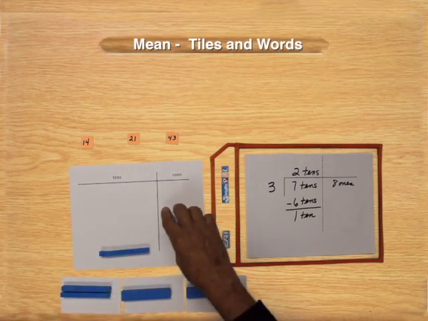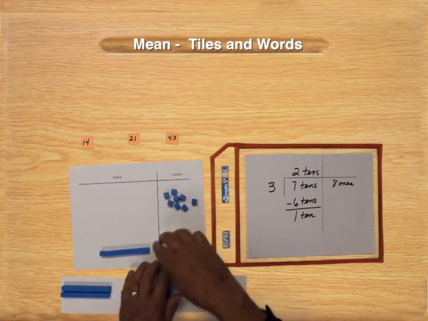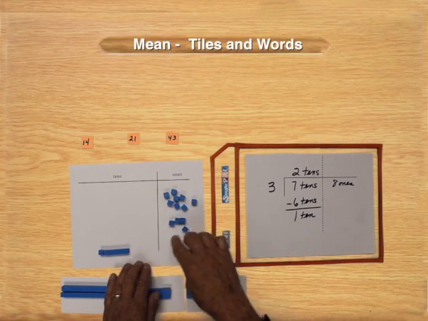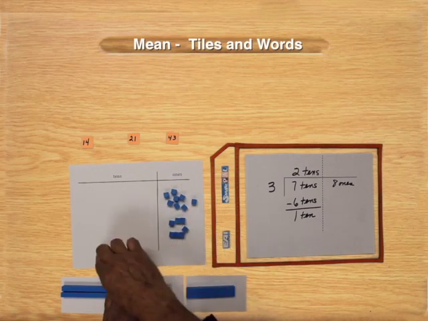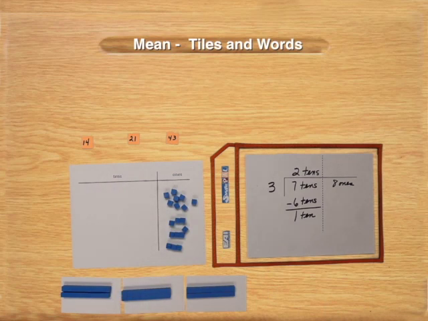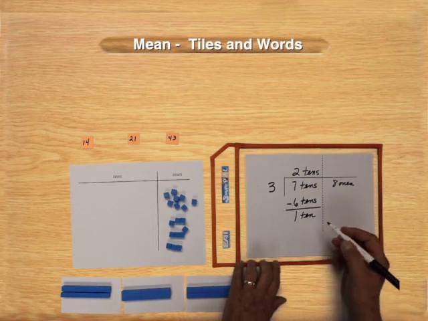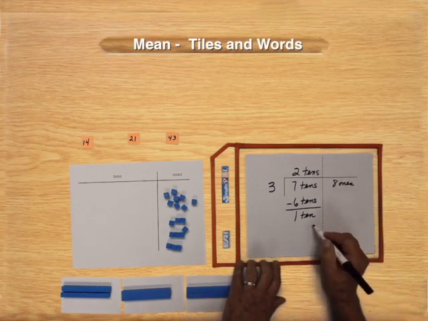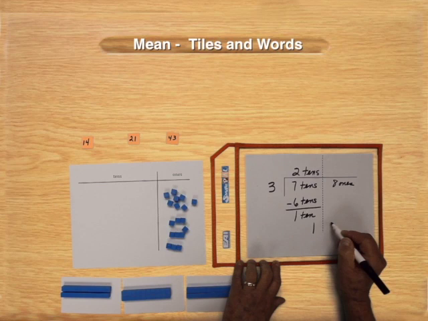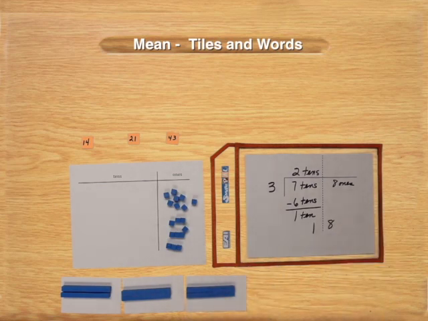And then we can put the ones with the ones from the original numbers. Now, in recording this mathematically, we do not put the ones over here. What we do is we simply show the 1 here and the 8 ones here, which is 18, and that's what we have, 18 ones.